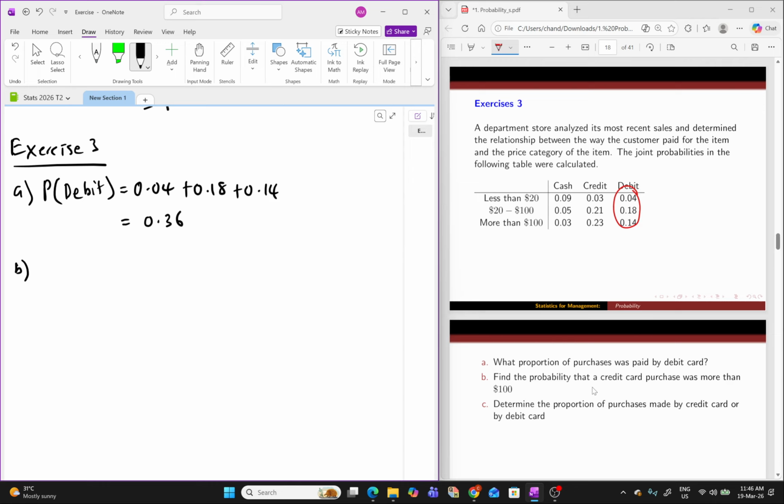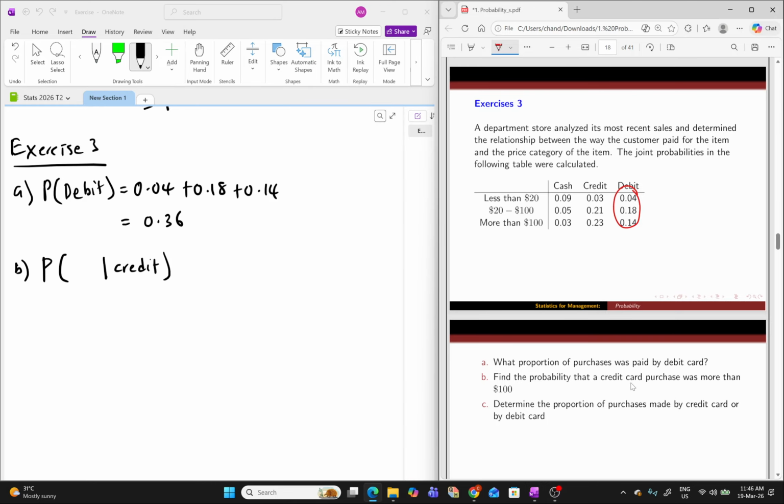Find the probability that a credit card purchase was more than 100. So given it is a credit card, find the probability that it was more than 100.